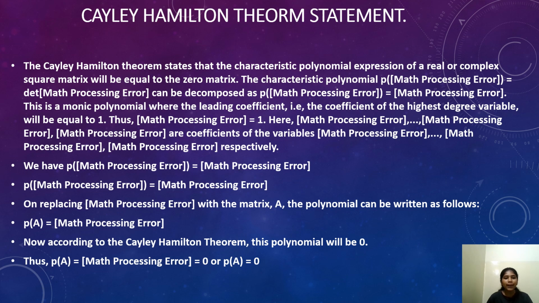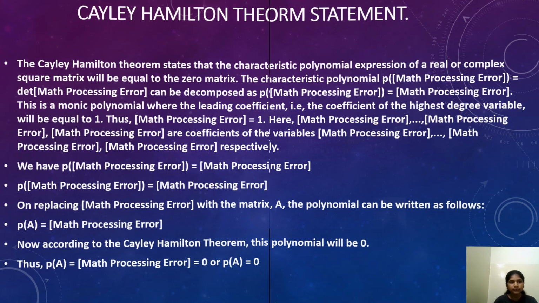On replacing lambda with the matrix A, the polynomial can be written out as P of A. Now, according to the Cayley-Hamilton theorem, this polynomial will be 0. Thus, P of A is equal to 0.